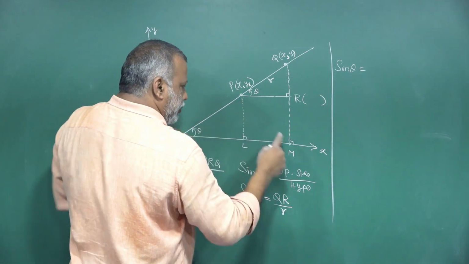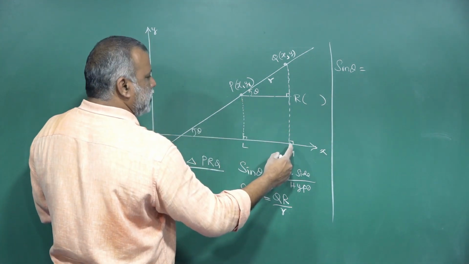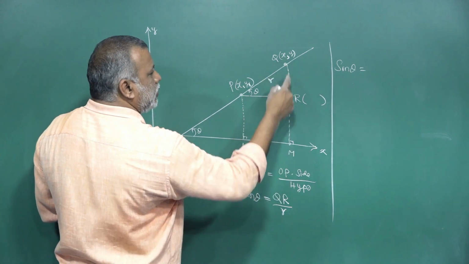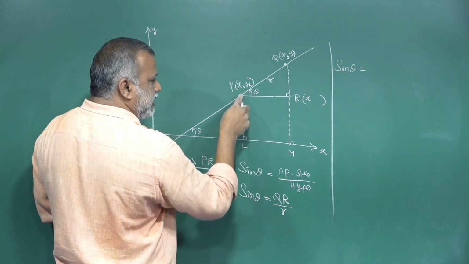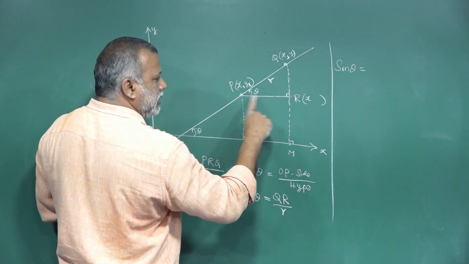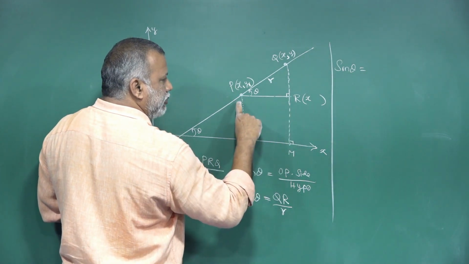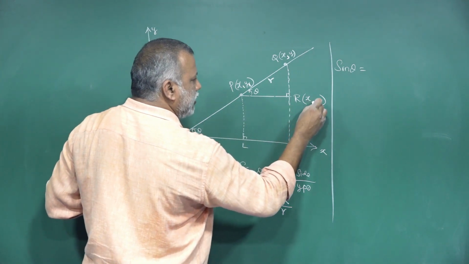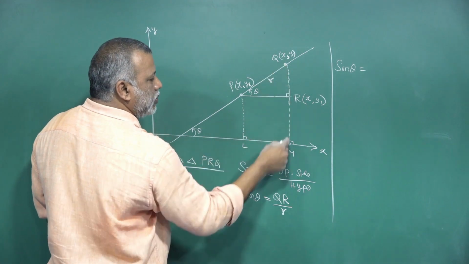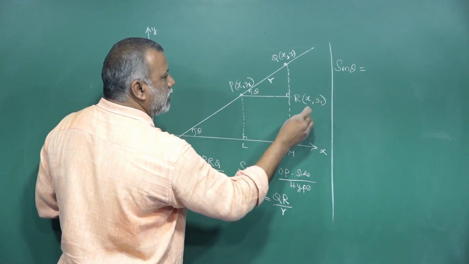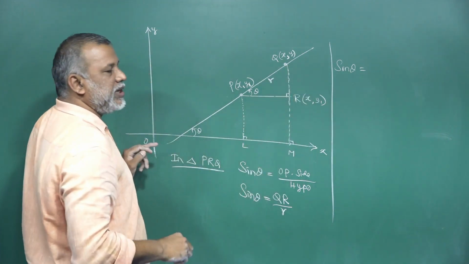See, from the origin to this, we have the x coordinate. Here we have the x coordinate. Then from this, we need the y coordinate. Here how much y1? The same value we are getting, y1. From the origin to this, how much value? X coordinate, x, y1. So what is the value of this one here?